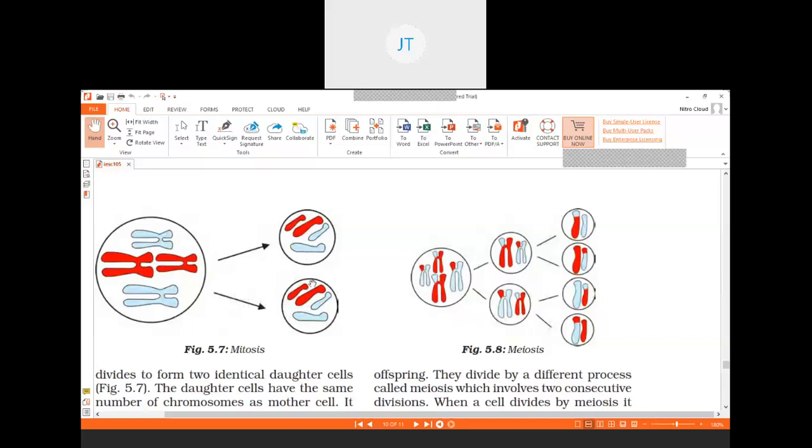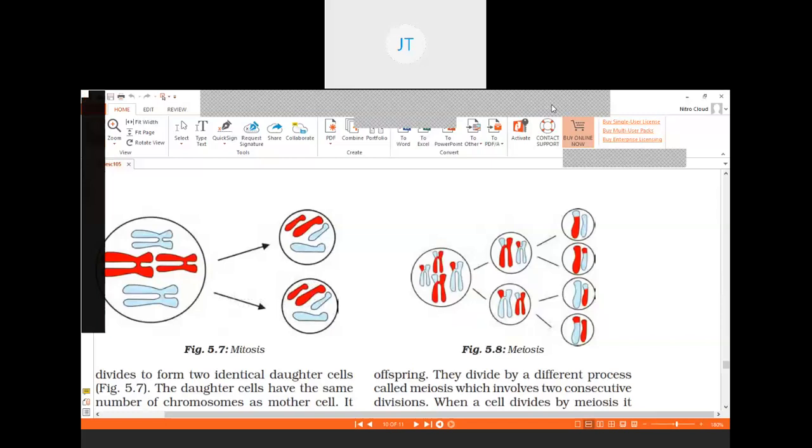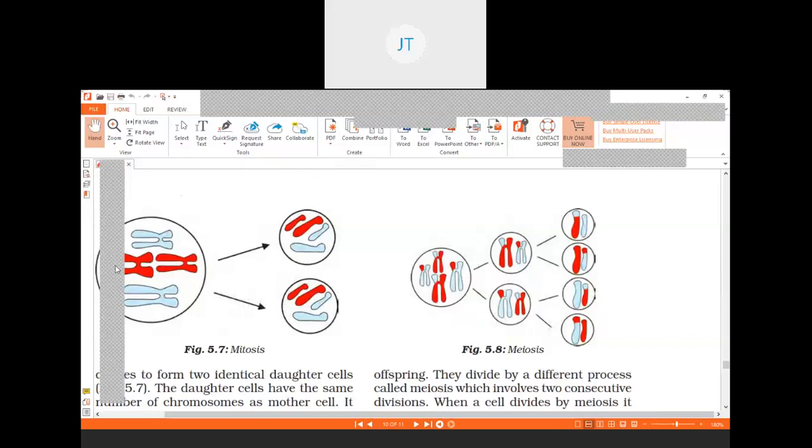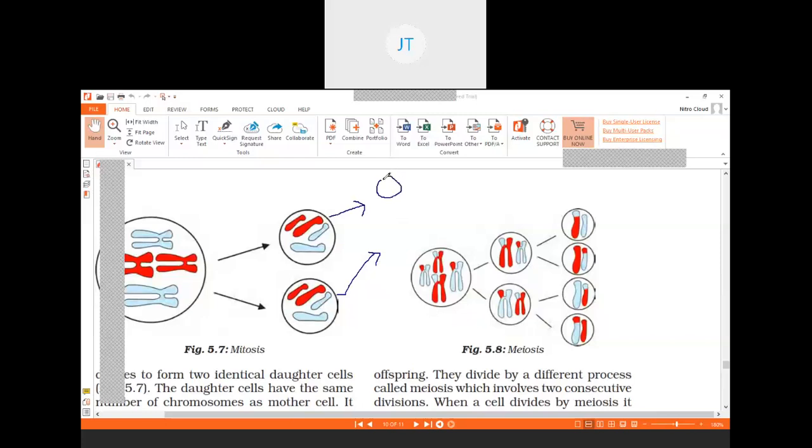Next, these two daughter cells can also work as mother cells, and from them another two. I can draw it for you so you can understand better. After some growth, both of these cells further make two new daughter cells.